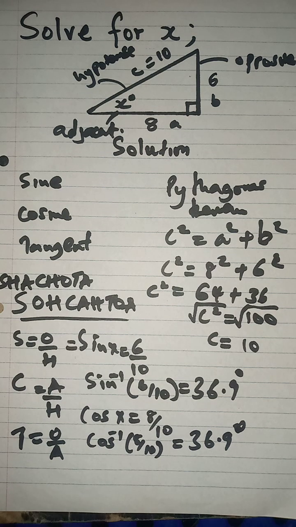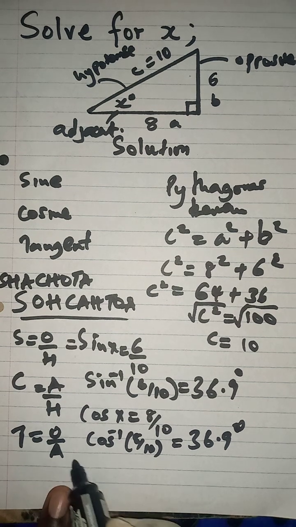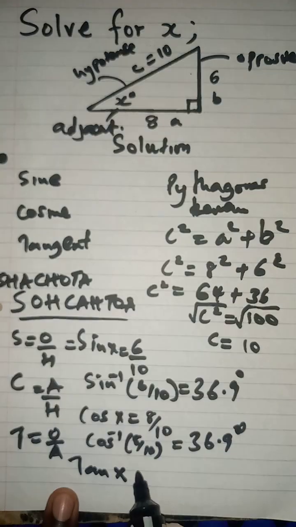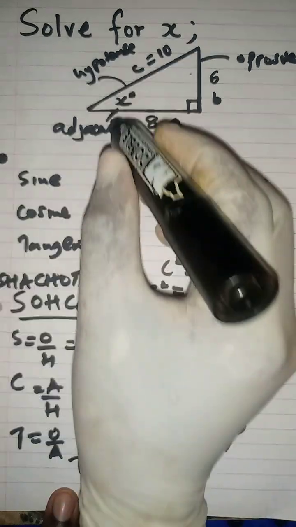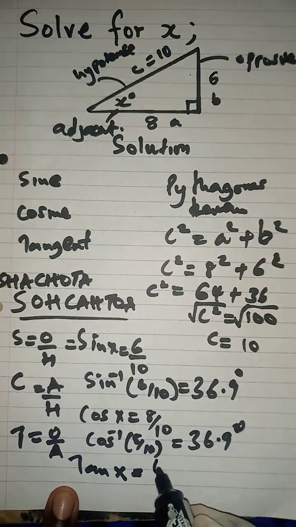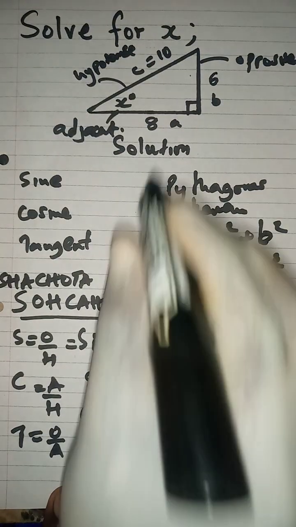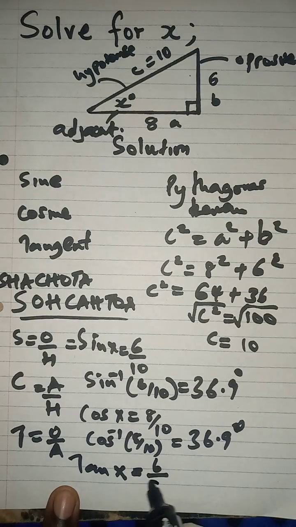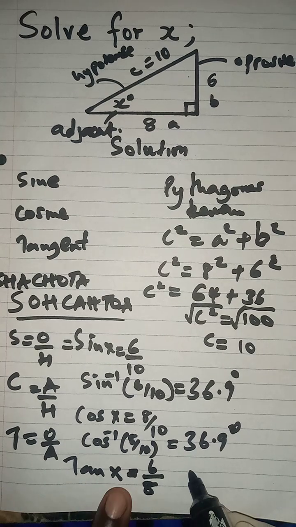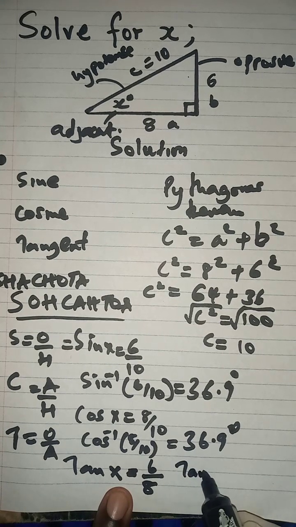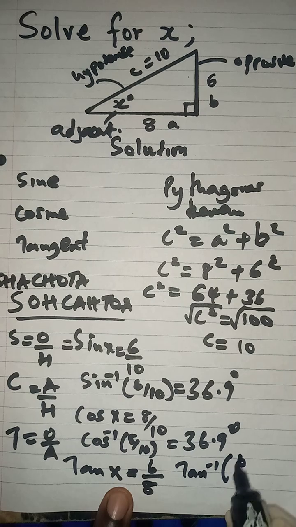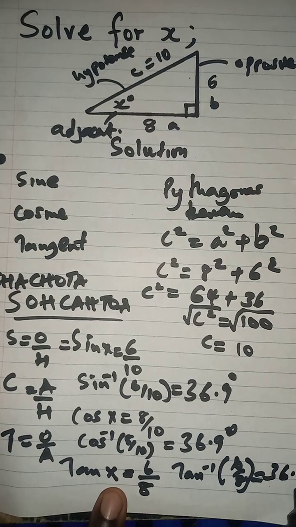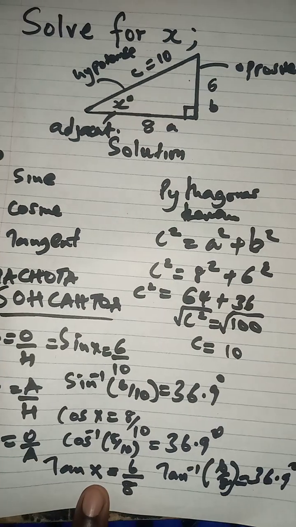So for the tan, I'm going to say that the tan of x is equal to the opposite of x, which is 6, over the adjacent, which is of course 8. So taking the tan inverse of 6 over 8, we get the same answer, 36.9 degrees.